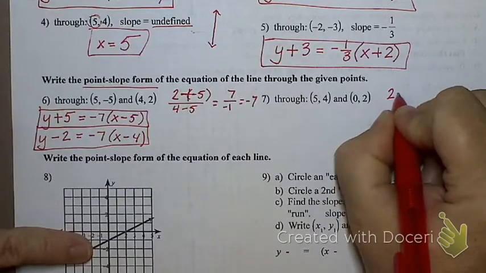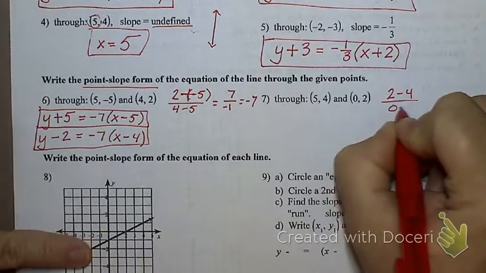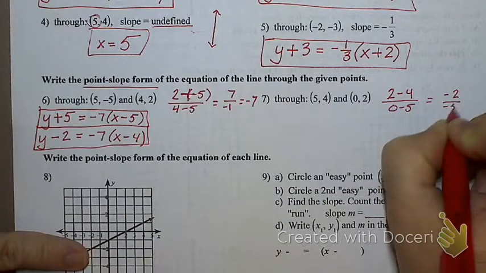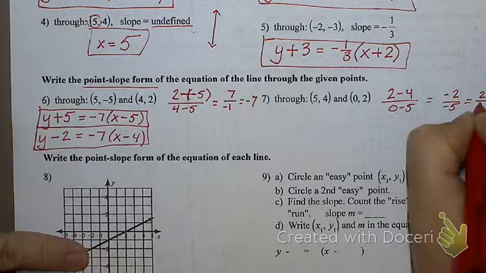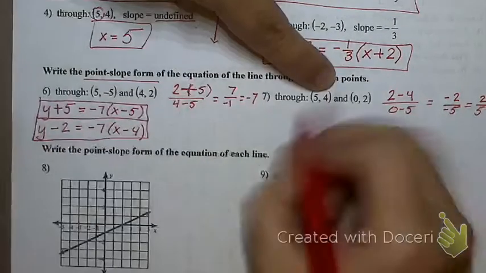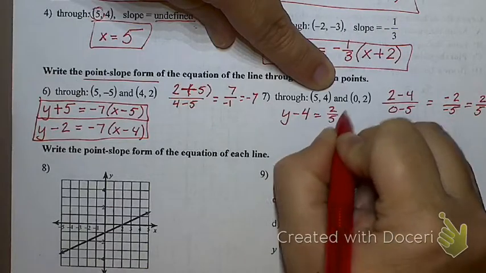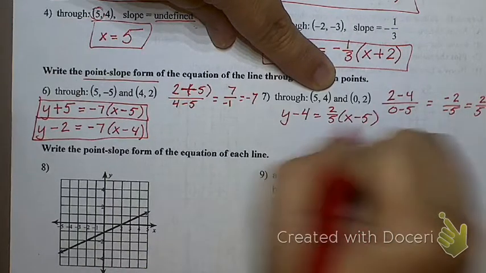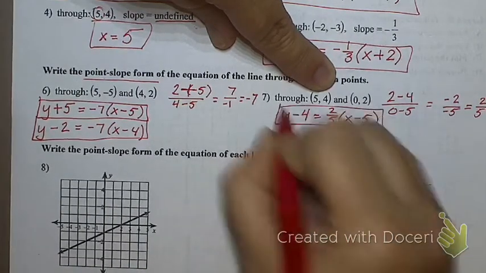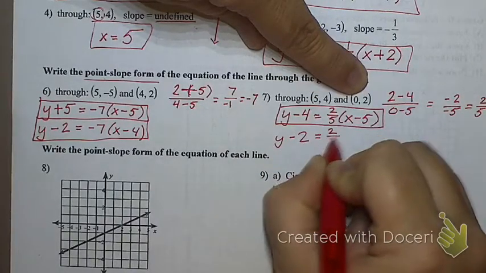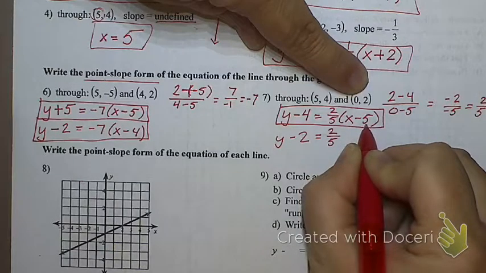So let's see, 2 minus 4 over 0 minus 5. Negative 2 over negative 5 becomes positive 2/5. So I could write y minus 4 equals 2/5 times x minus 5. Or y minus 2 equals 2/5, what's x minus 0?